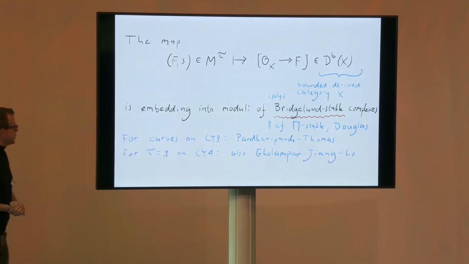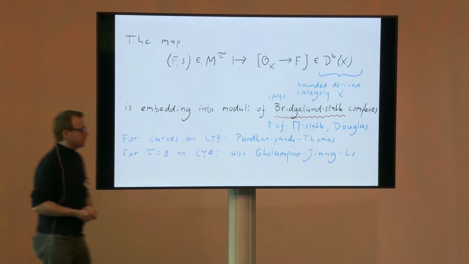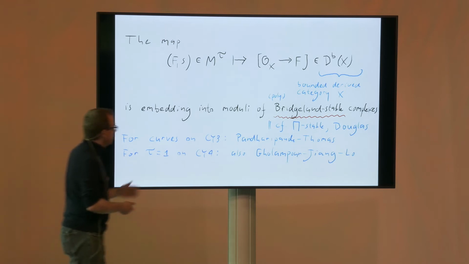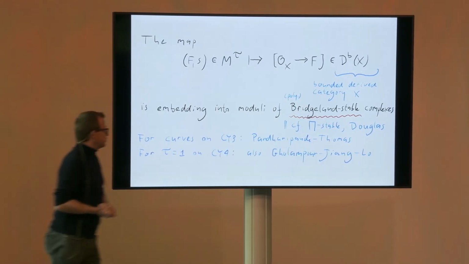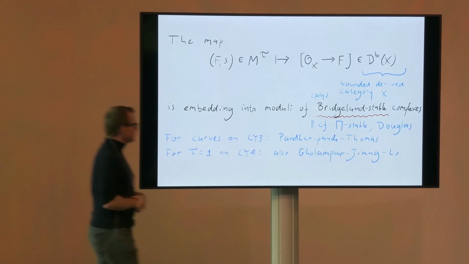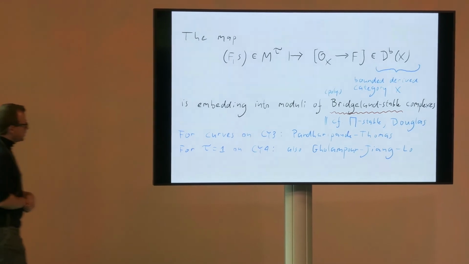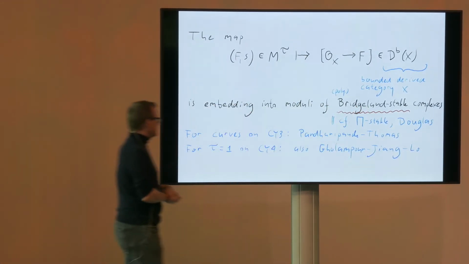And then what we can show is that this is an embedding of these pair moduli spaces into moduli of Bridgeland stable complexes. I guess physicists may call this pi stable after Douglas. And to be precise, these are polynomial stable complexes.